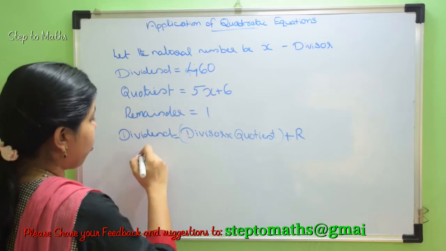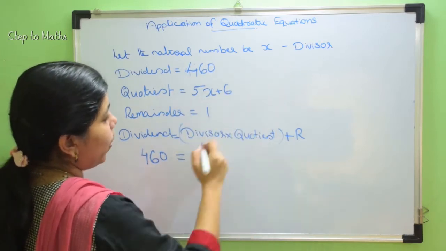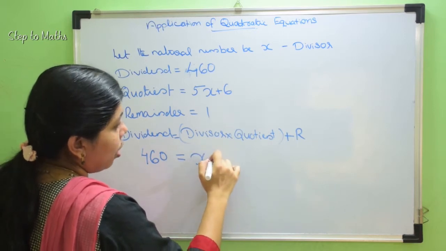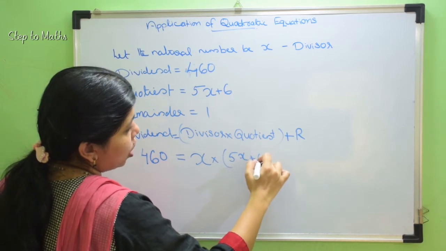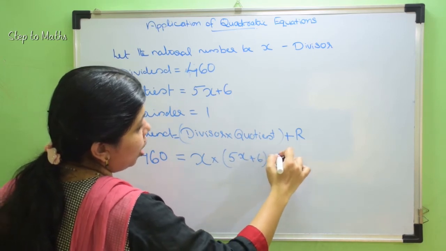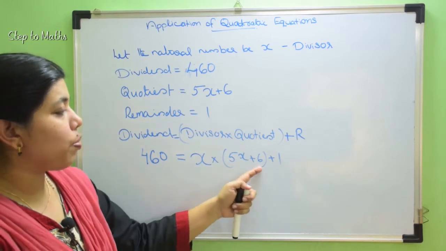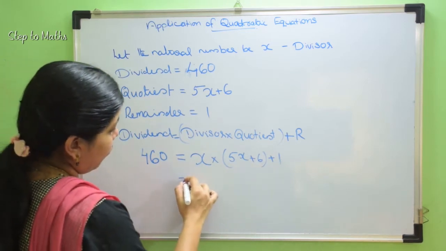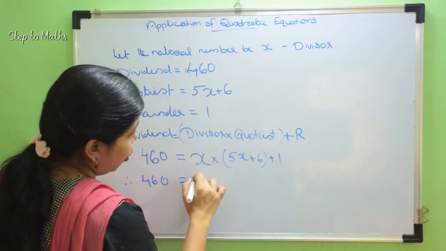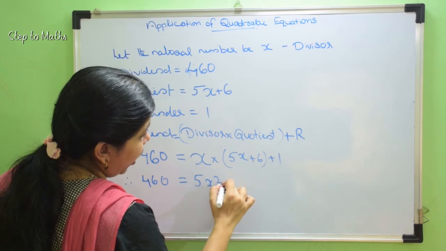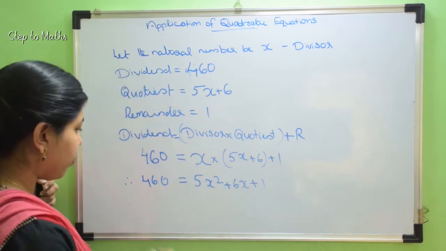Here the dividend is 460. Therefore, 460 is equal to divisor x into quotient 5x plus 6, plus remainder 1. So 460 is equal to x into (5x plus 6) plus 1. Therefore, we can write 460 is equal to 5x square plus 6x plus 1.